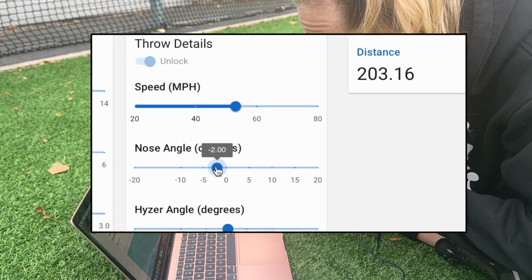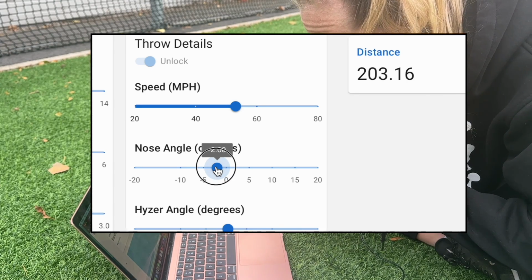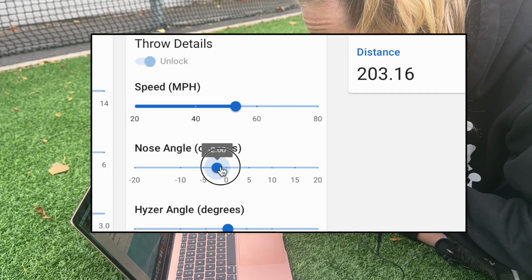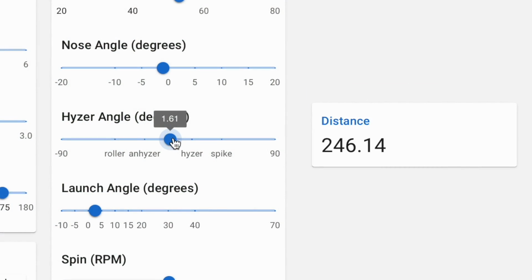If we look at nose angle, that does a lot, maybe more than you think, but my nose angle is pretty good. The same with hyzer angle. You can see that it does some with the distance. It's like 20 feet, 30, 40 plus.